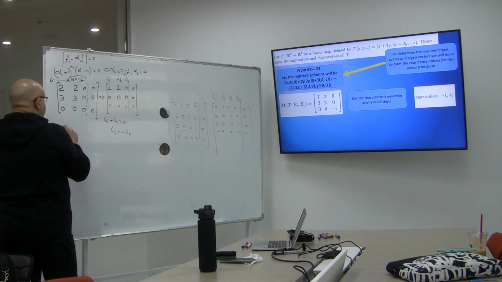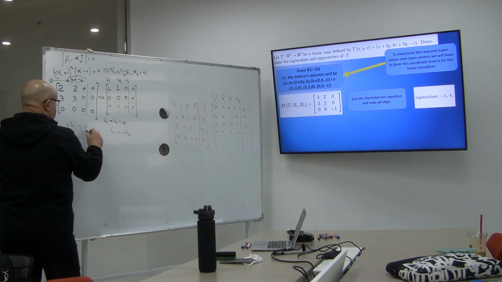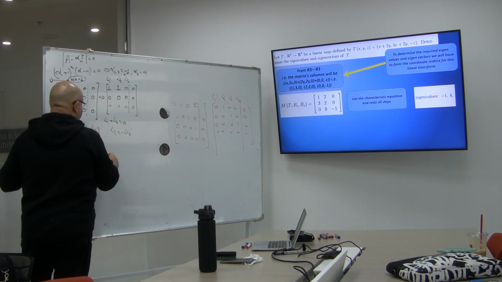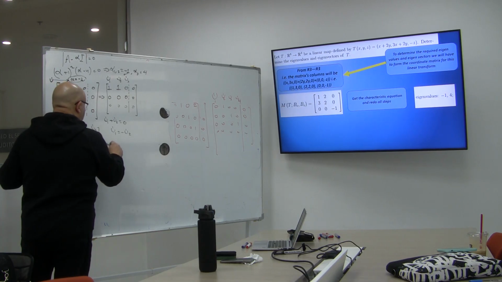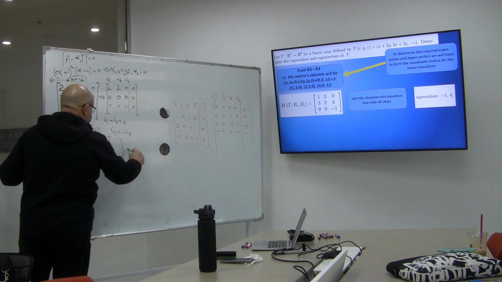Okay, start substituting. This is U1. It consists of how many components? U1 sub 1, U1 sub 2, U1 sub 3. Now start substituting. You will have negative of U1 sub 2, and this is U1 sub 3, which can be written negative 1, 1. Am I right?